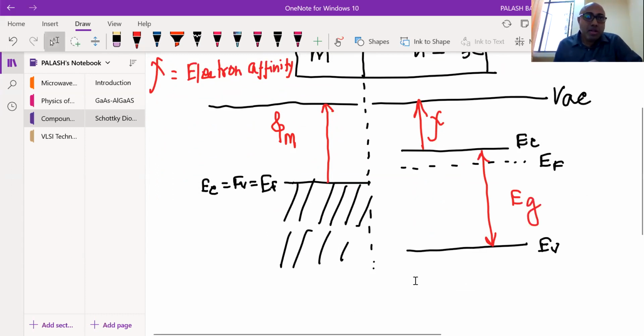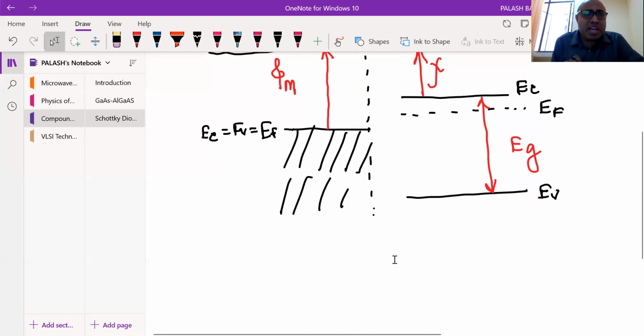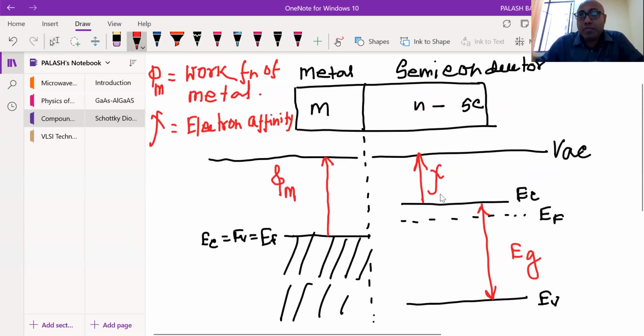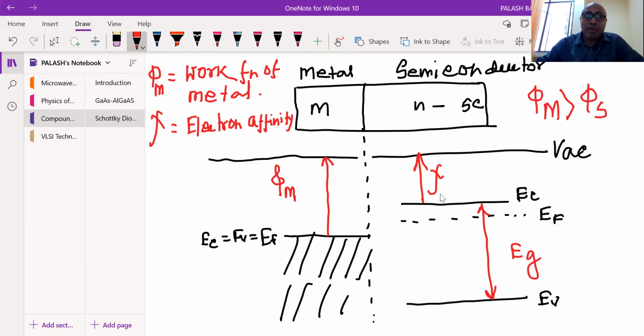Here, if you go to books, Streetman, Banerjee and a lot of books, they are considering this case in the following way, which I am not recommending, but you can think about it because you have to read the book. So phi m greater than phi s. Don't get confused. They have considered the work function of the semiconductor, which they write as phi s, and phi m.